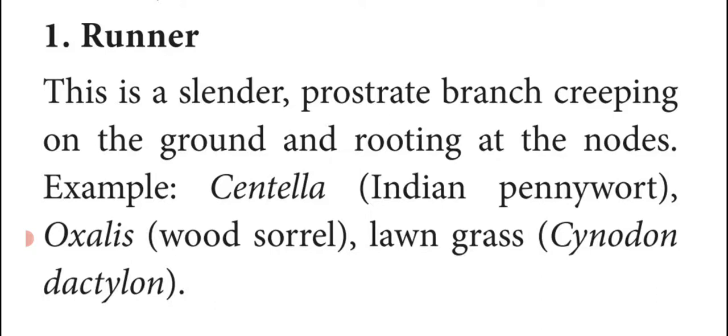First one is the runner. This runner plant produces a slender, that means straight, prostrate branch. What is a prostrate stem? Partially horizontal and partly erect, that is said to be a prostrate stem. So these runner stems produce slender, that means straight, prostrate stems on the ground.